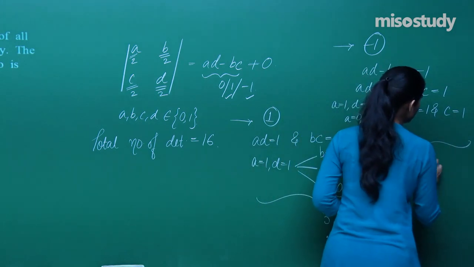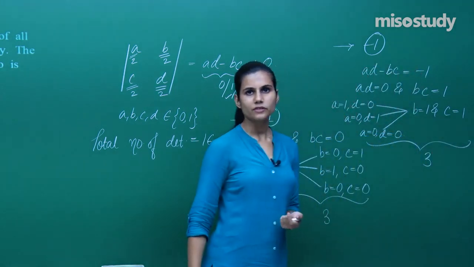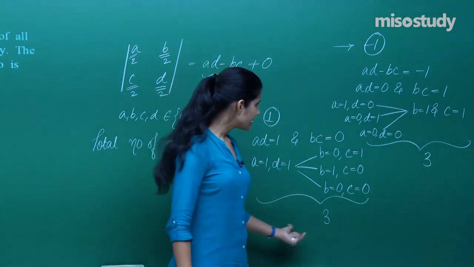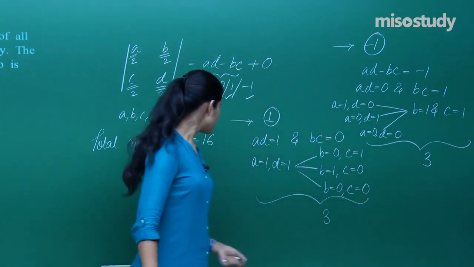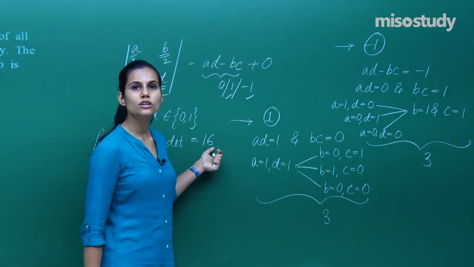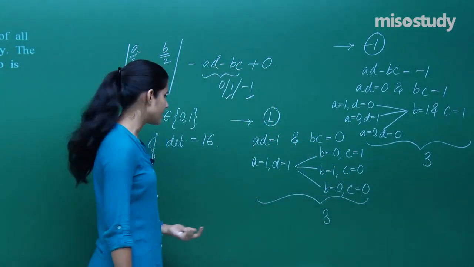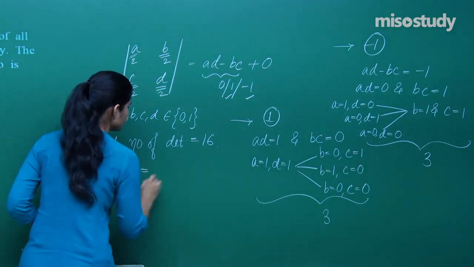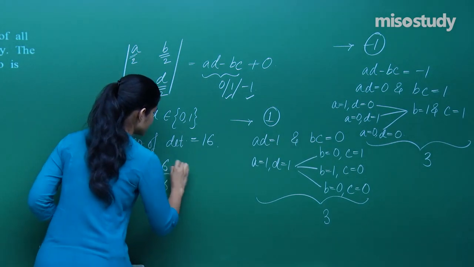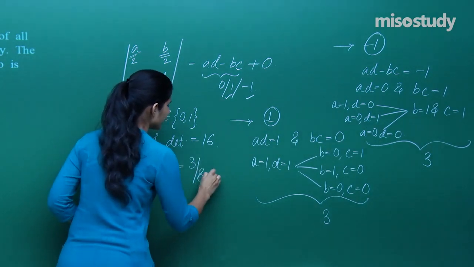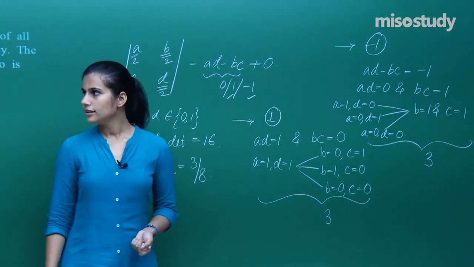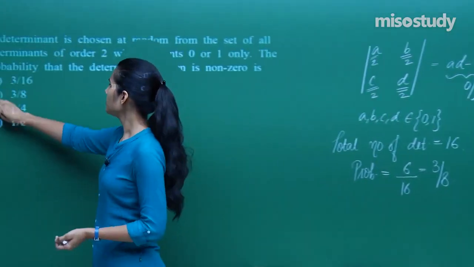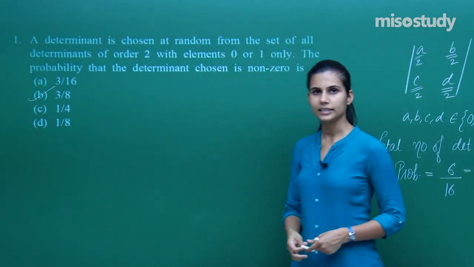So again there are 3 determinants to give you the value minus 1, which is non-zero. So there are 6 determinants out of the total 16 determinants to give you the non-zero value 1 or minus 1, and therefore probability comes out to be 6 by 16, which is 3 by 8. Clear? And therefore your answer is option number B, that is 3 by 8.